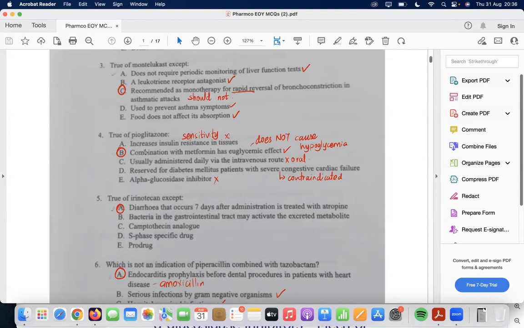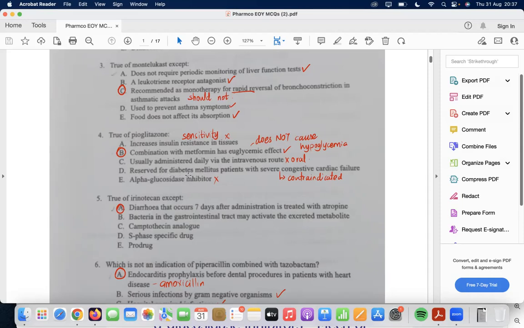Combination with metformin has a euglycemic effect. Yes, does not cause hypoglycemia, so that's true. Usually administered daily via the intravenous route. No, it's given orally. It's called an oral antidiabetic, so it's taken orally. I think the intravenous ones are like insulin, therapeutic insulin.